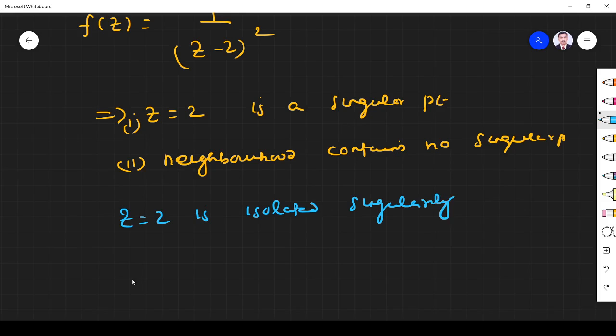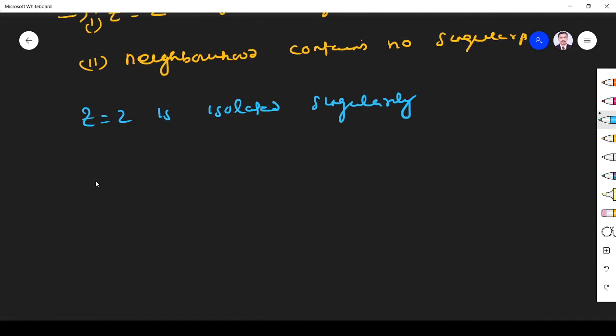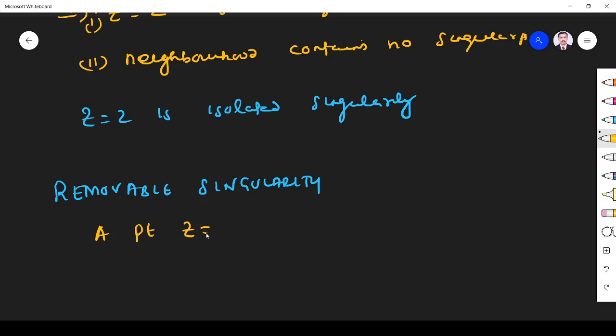Okay, then we will see one more different type: removable singularity. What about removable singularity? A point z is equal to a is called a removable singularity, right? RS is nothing but removable singularity.